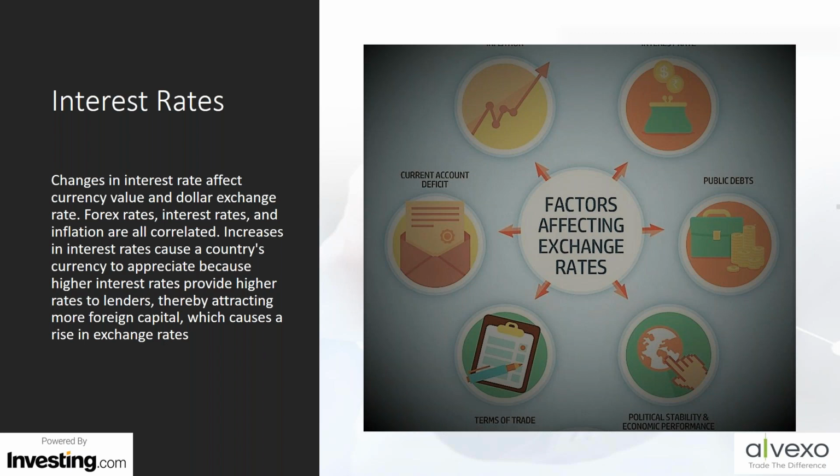Then we go to interest rates. Changes in interest rates affect currency values and exchange rates. Forex rates, interest rates, and inflation rates are all correlated. Increases in interest rates cause a country's currency to appreciate because higher interest rates provide higher returns to lenders, thereby attracting more foreign capital, which causes a rise in the exchange rate.